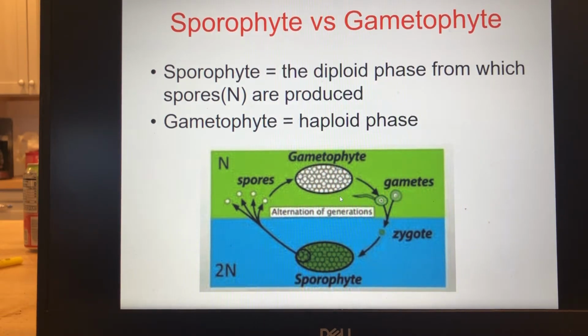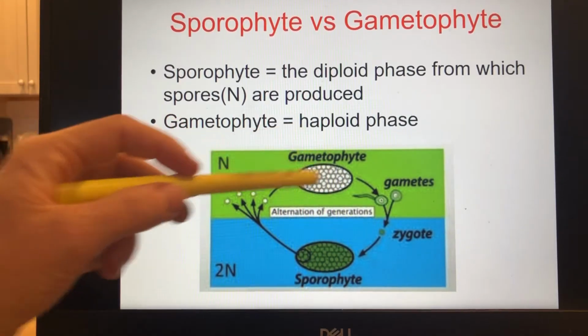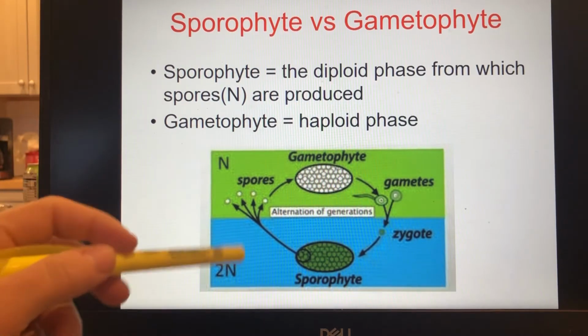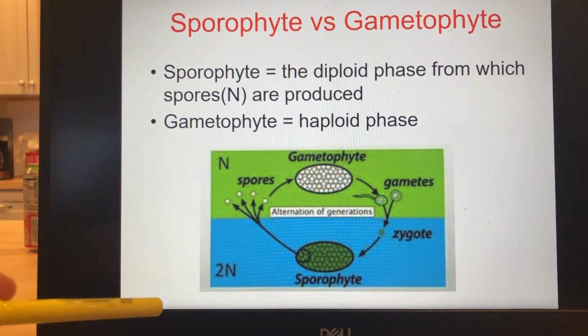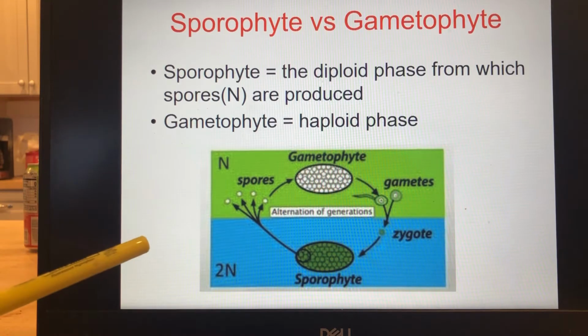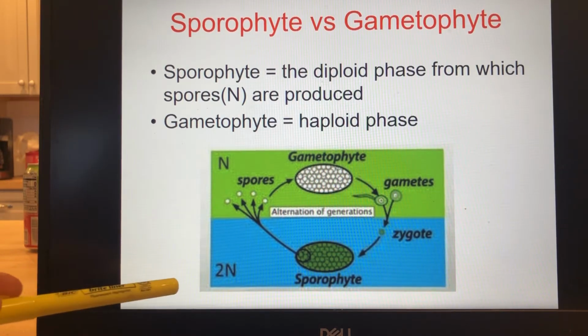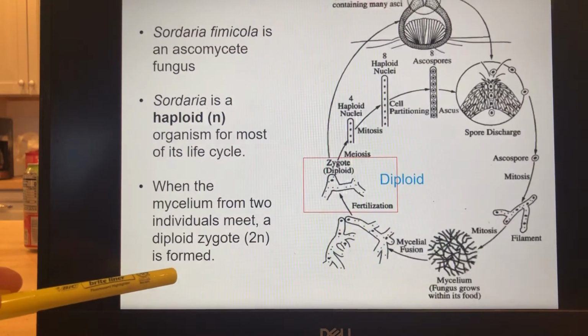The gametophyte is where we have the haploid stage. You need to know these words for your test. Gametophyte, again, is the haploid stage. Remember, it's a gamete, and it's represented by this number N. 2N is the sporophyte, and that's your diploid stage. And all eukaryotic organisms will have this alternation of generation.